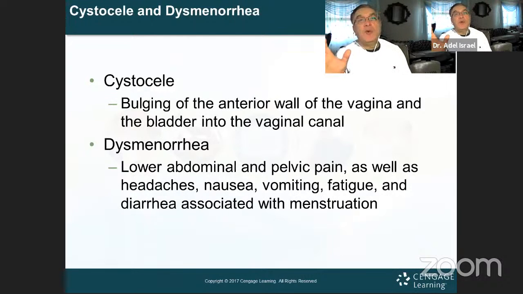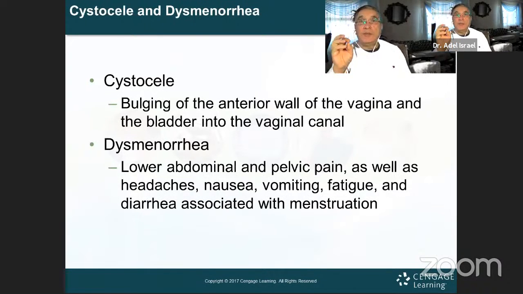If I remove the prefix DYS, the remaining is meno, which means menstruation, and rhea means discharge. So this is how we go through the medical term to make it easy for us to understand. So this is a prefix to describe pain or difficulty.